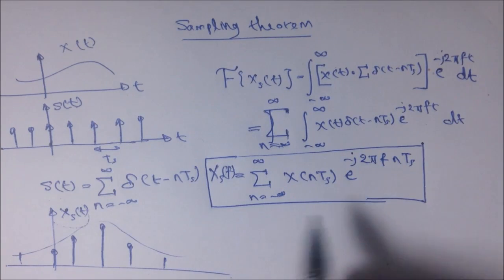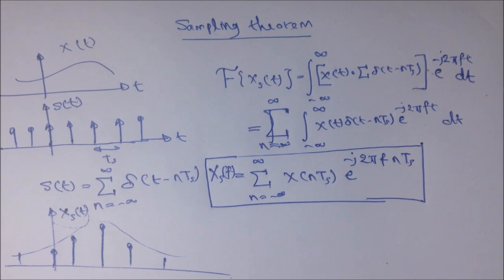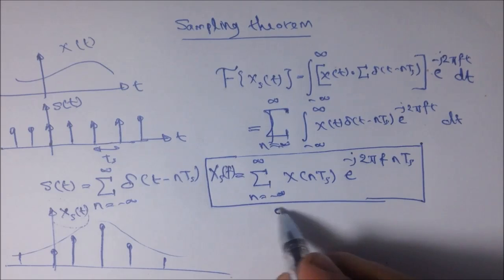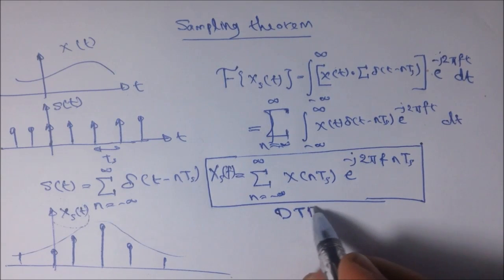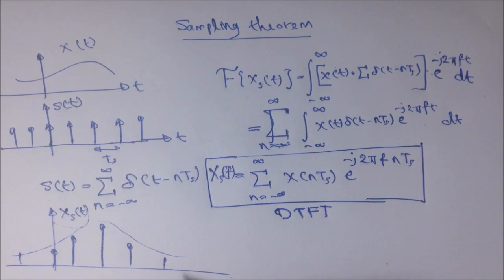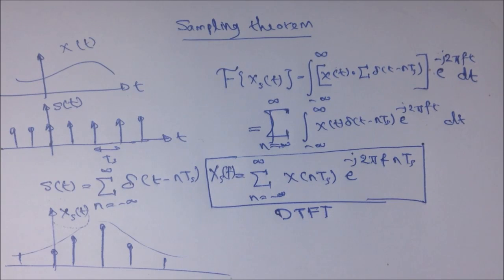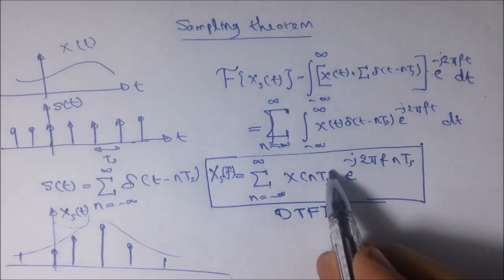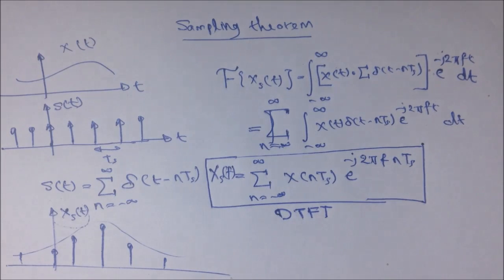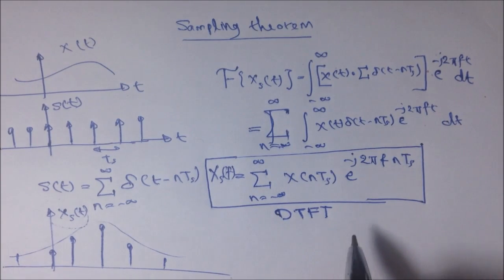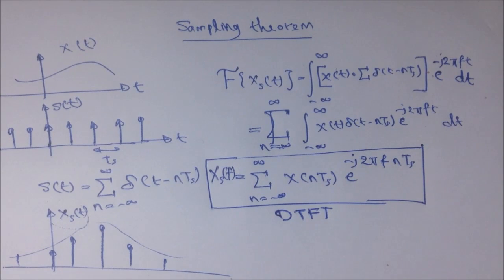Now this is called the formula of the discrete Fourier transform. Well, actually the discrete time Fourier transform, to be accurate. Because we're still somehow related to the time domain by this factor of Ts, and when we get rid of it, we will get the discrete Fourier transform. But I guess that's a different topic.